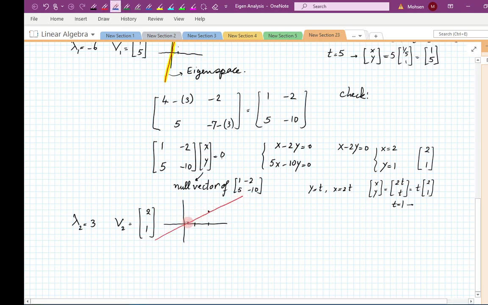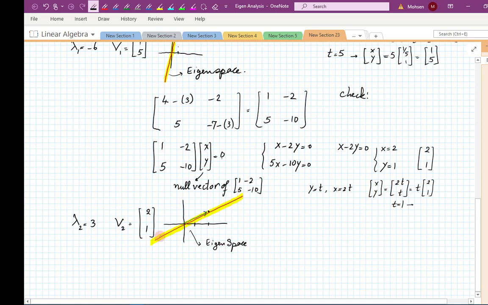Eigenvector, the one we are selling, is this one. Of course, if you double it, triple it, or multiply by anything other than 0, that's still good. So this is a representative of an entire class of eigenvectors, and eigenspace is this nice line that is our Eigenspace.